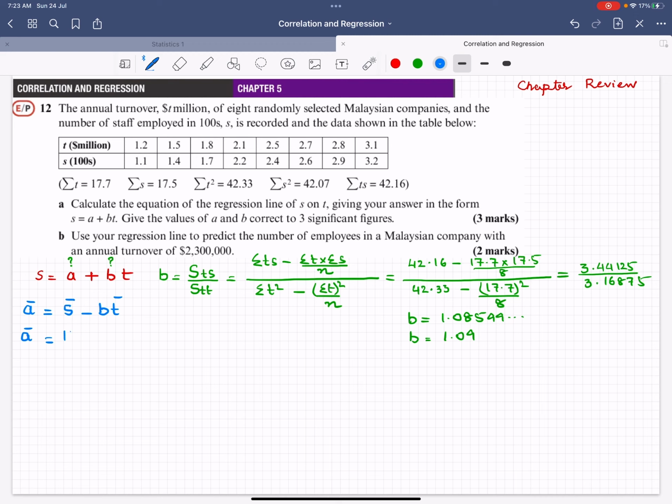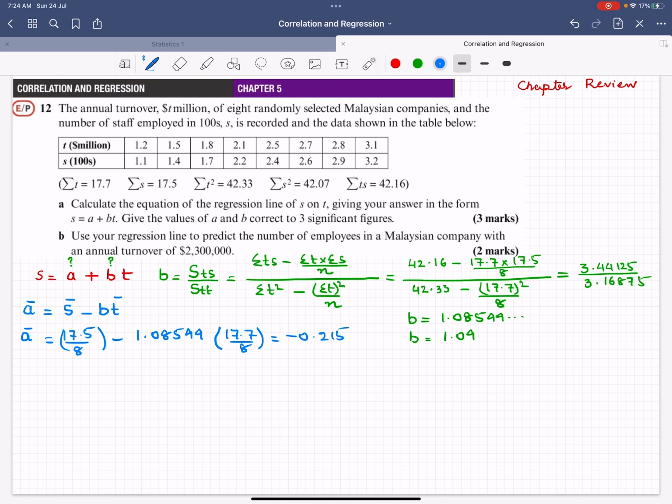So average value of S is 17.5 divided by 8 minus B. B is 1.08599, and average value of T is the total value of T divided by 8, which is 17.7 divided by 8. So when we work out A, we get value of A as negative 0.215.